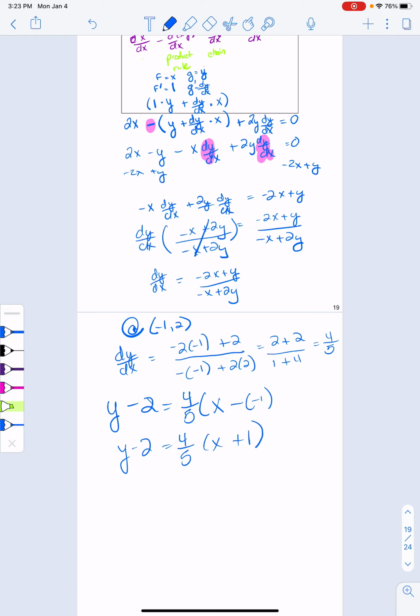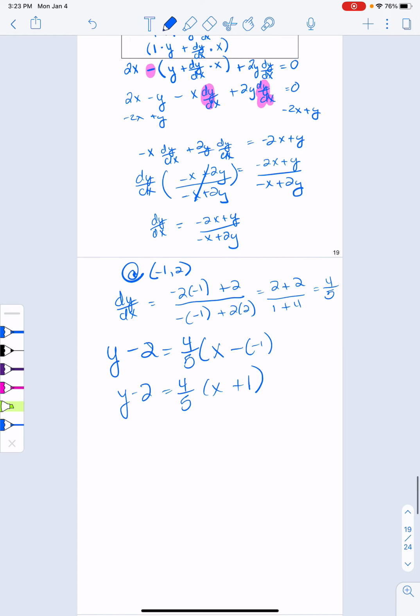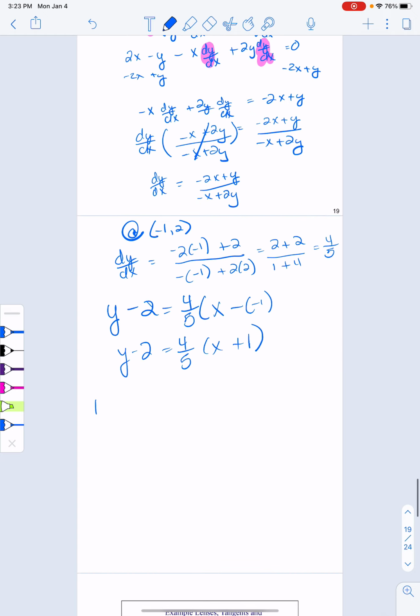Now, to find the equation for the normal to that curve, you're going to remember that the slope of a perpendicular line is the negative reciprocal of the original slope. So instead of 4/5, your perpendicular slope is negative 5/4.